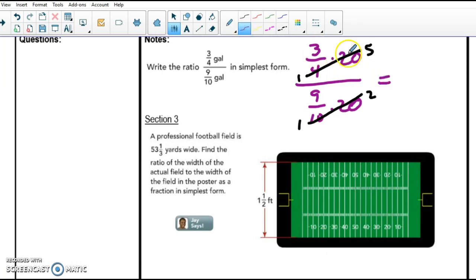So now in my numerator, I have 3 times 5, which is 15. And in my denominator, I have 9 times 2, which is 18. I see two multiples of 3 here in 15/18. So I will divide both of these by 3 and get a simplest form of 5/6.